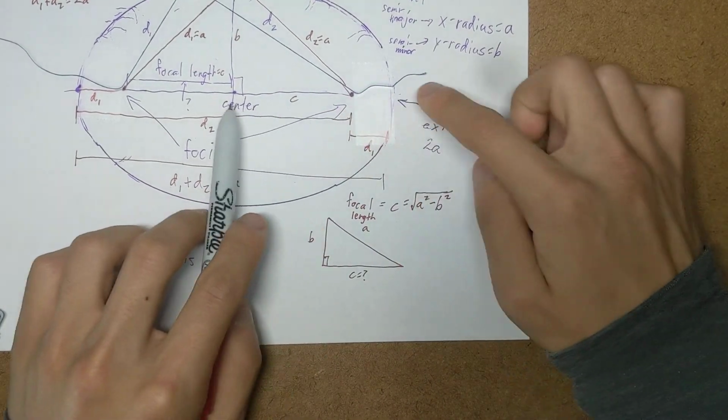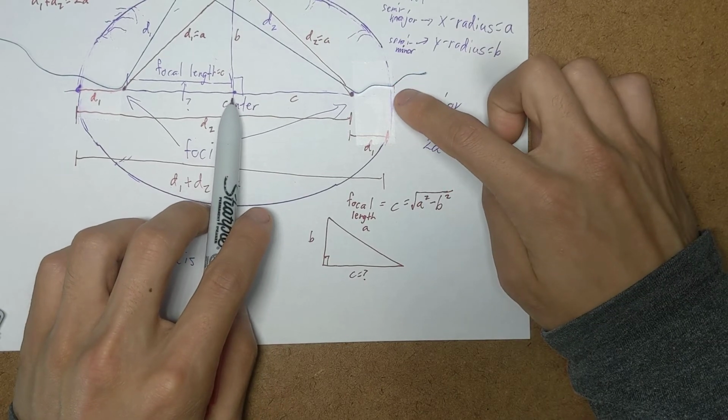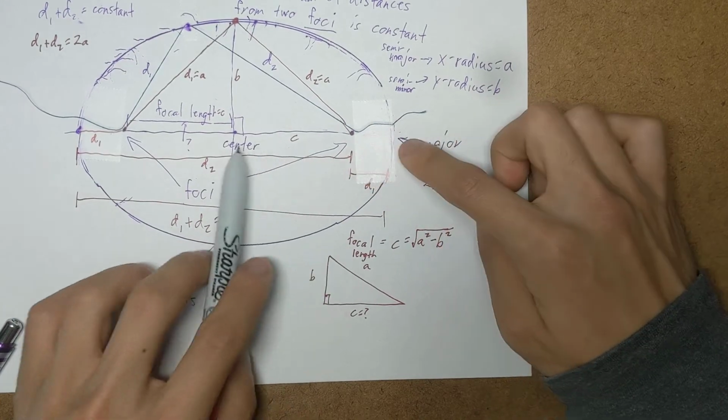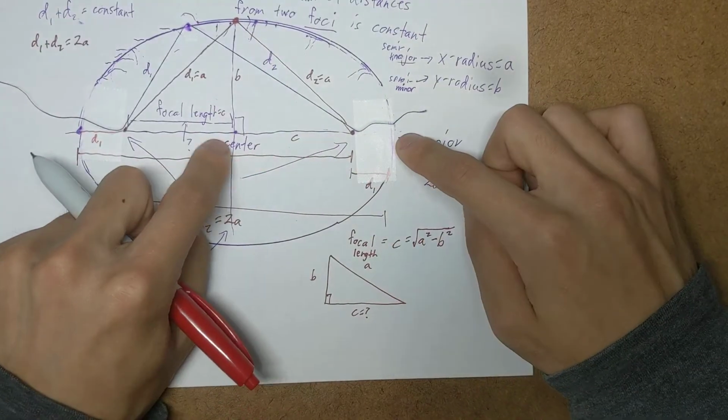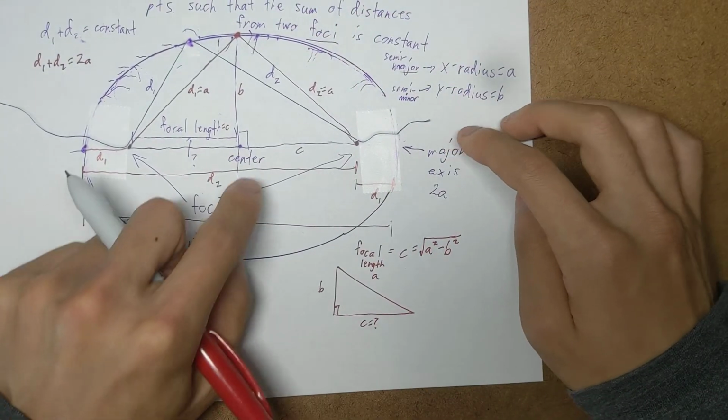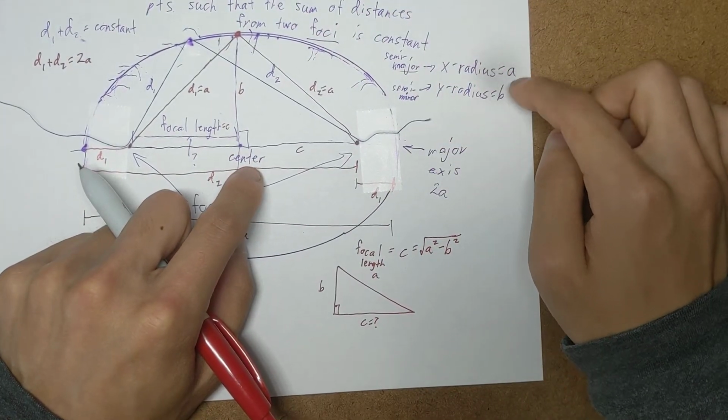So what's so special about the x radius? The special thing about the x radius in this scenario is that it is the semi-major axis, depending on whether the ellipse is more horizontal or more vertical. Again, this is just the larger of the two radii.